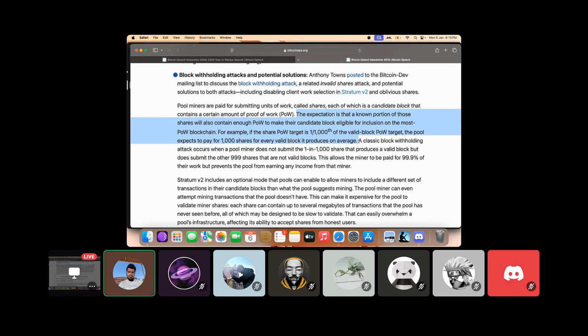Let's say that the difficulty to mine a block on the Bitcoin network right now is 1,000. It's an arbitrary number. The pool will tell you that, hey, even if you mine a block that attains a difficulty of one or more, we'll pay you. If it's 100, we'll pay you.